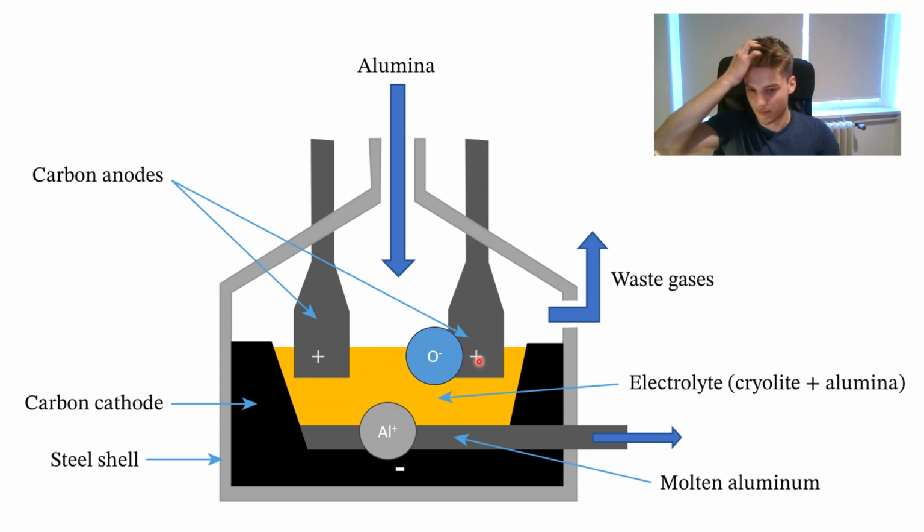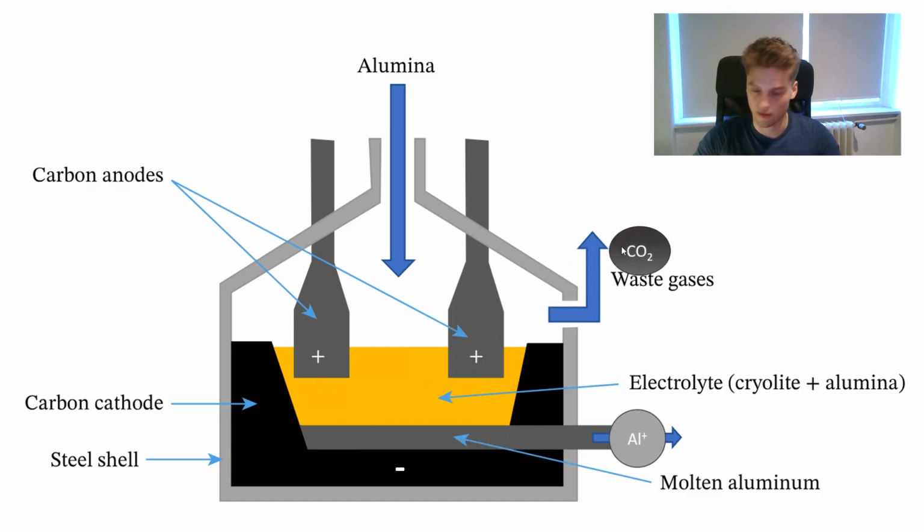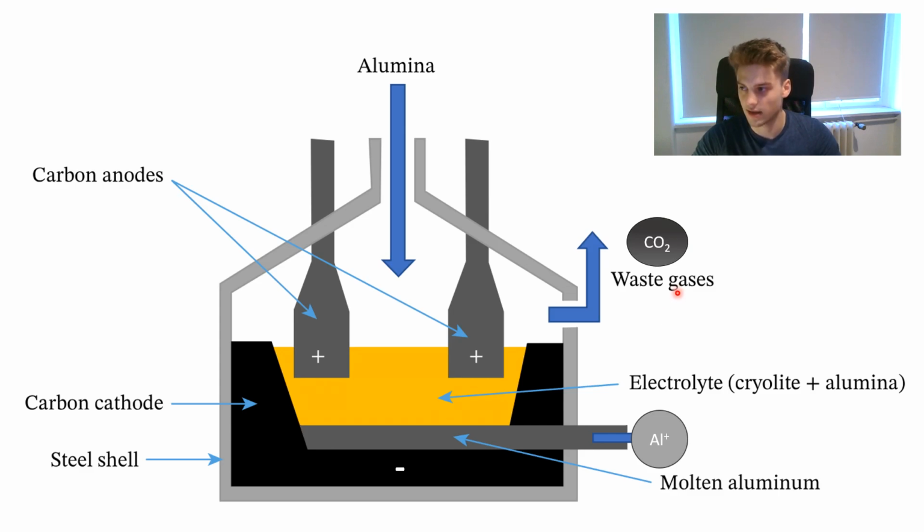The thing that happens now is, because we use anodes made out of carbon, this oxygen reacts with the carbon and forms CO2. And this CO2 then exits the cell as waste gas, as emission, and also the molten aluminum is extracted through a pipe, like sucking it out.